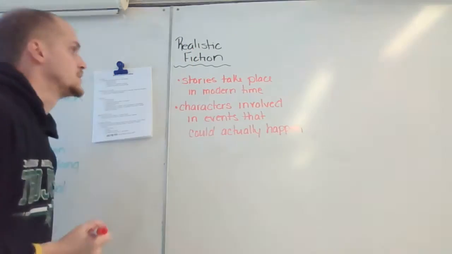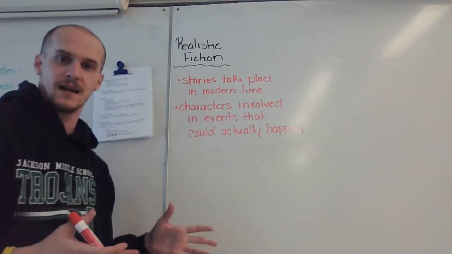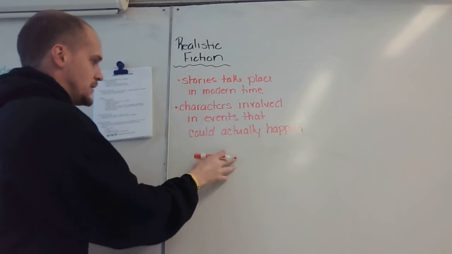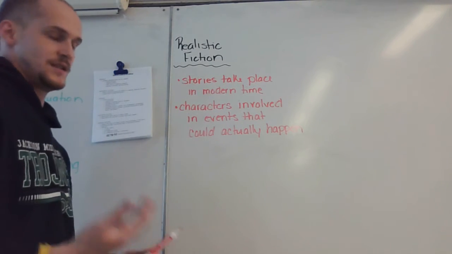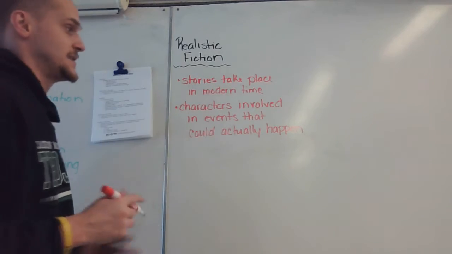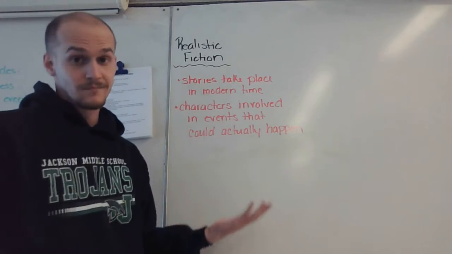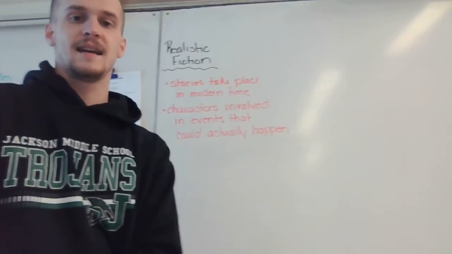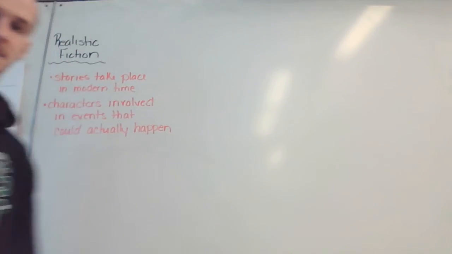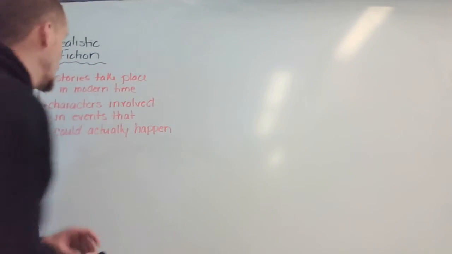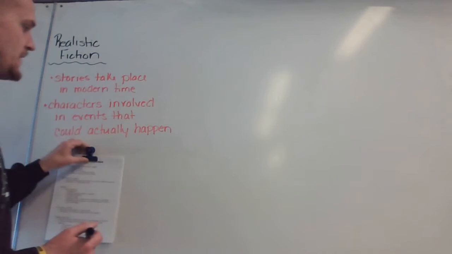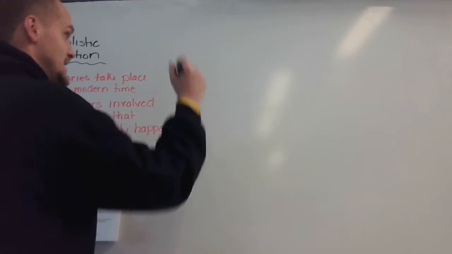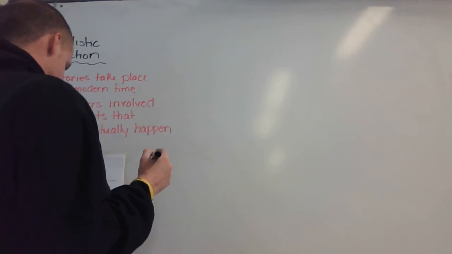Okay? So they're taking place in a modern time, and they're going through events that could actually take place. And that's what makes it realistic, because the events aren't made up. They're things that could happen. Now, does that mean they will? No, but it could.